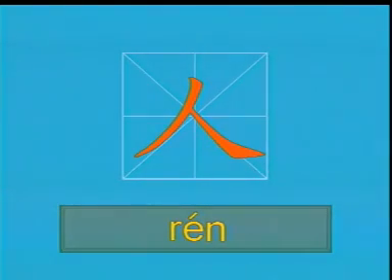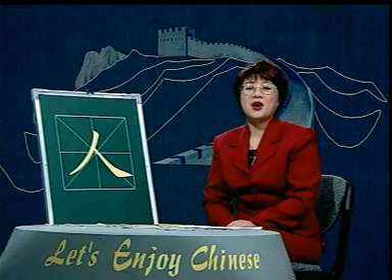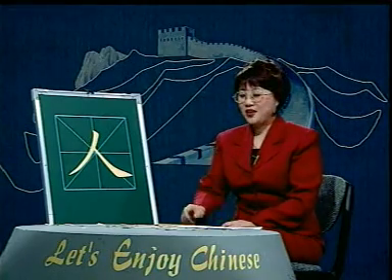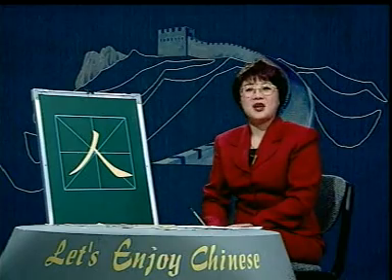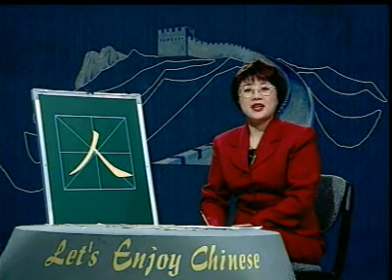Do you remember 工 we learned last time? Yeah, 工 means work. And you know 人, it means people or person. And if we put these two characters together, it is 工人, that means worker. And this word building is just like the building of English.